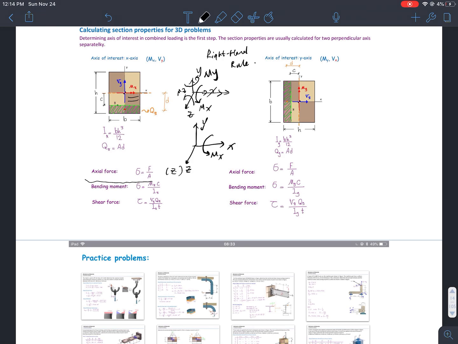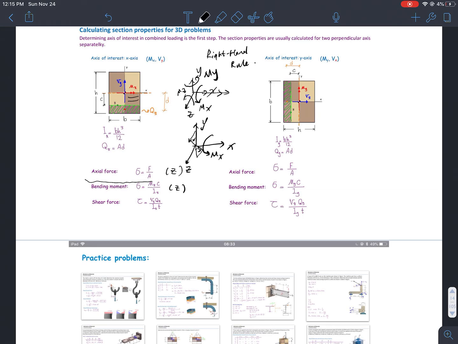If I have bending moment in the x direction, I will generate the stresses in the z direction. So my normal stresses will go like this in tension, and like that in compression, isn't it? So when I have a bending with respect to the x direction, my normal stress is actually in the z direction. All right.